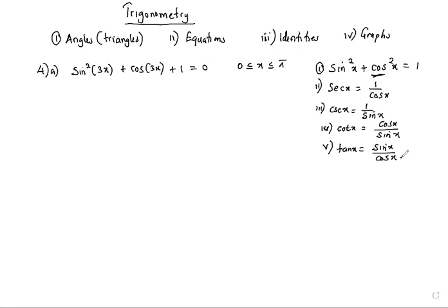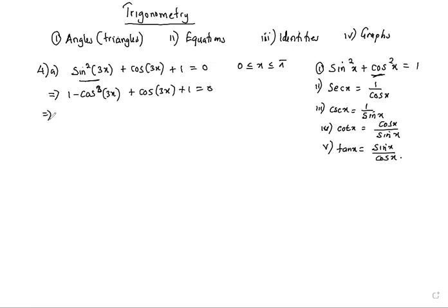So now we go back and change sine squared to cos. So it will be 1 minus cos squared 3x plus cos 3x plus 1 equal to 0.